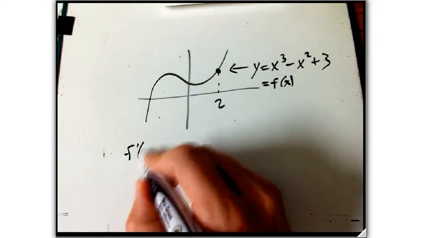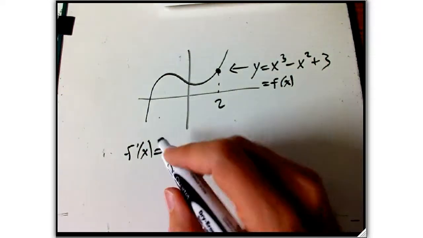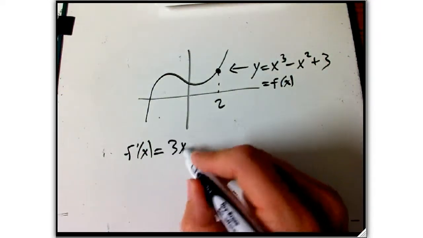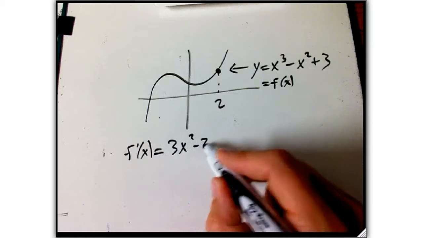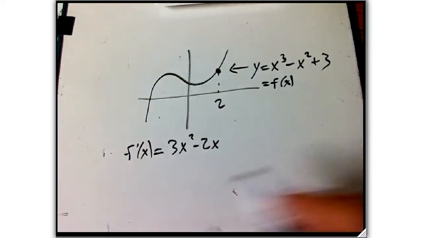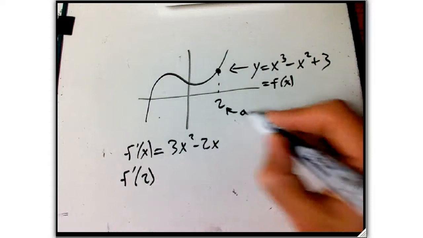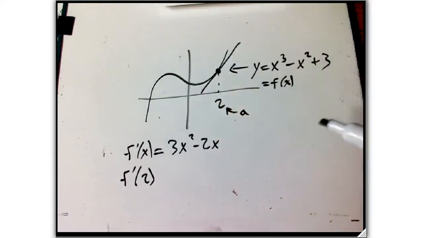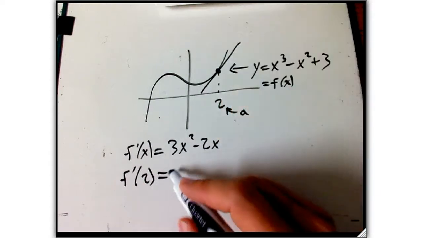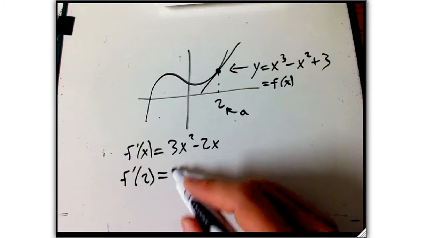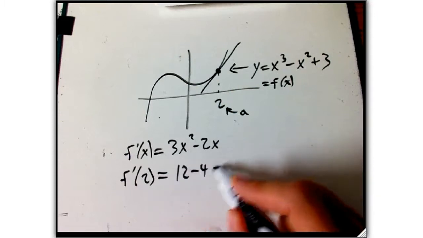So we take f prime of x, and that's going to be 3x squared minus 2x. And then immediately we plug in the a value, the point at which we want to calculate the tangent line. Okay, and so that's going to be 3 times 4 is 12, minus 2 times 2 is 4, equals 8.